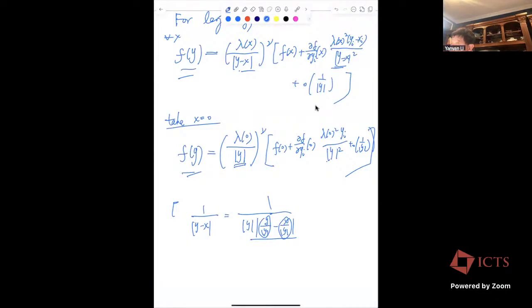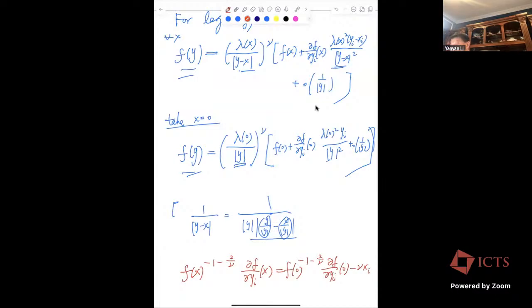So you will see, to compare coefficients, you will see f of x minus 1 minus 2 over nu df dyi at x should be equal to f of 0 minus 1 minus 2 over nu df dyi at 0 minus nu xi.